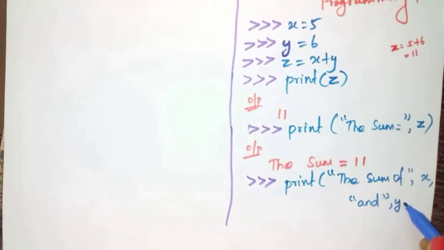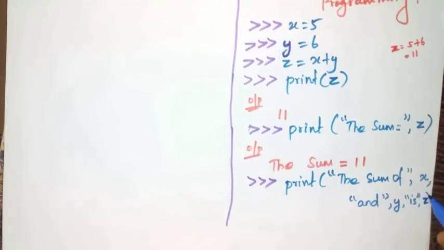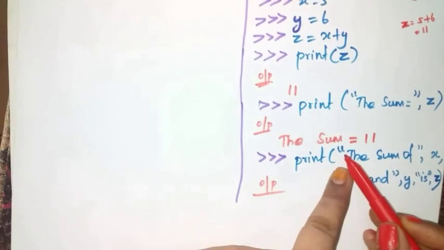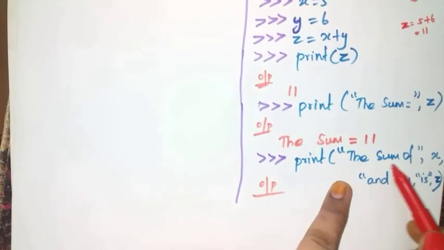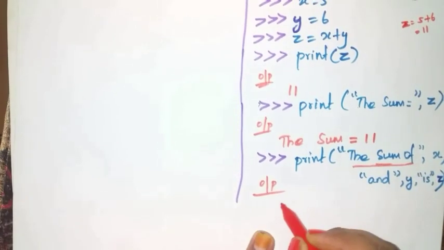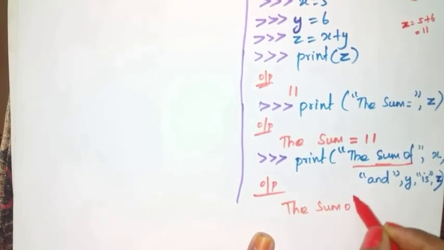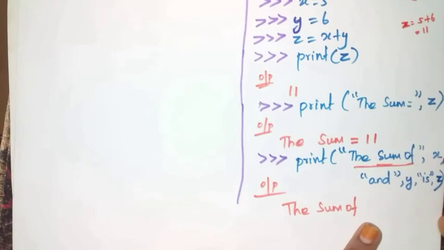This y is without double quotes, and again within double quotes is, and then z without double quotes. So what will be the output of this code? See here, this is given within the double quotes. So the sum of, next x, no double quotes, so this is called a variable. Write the value of this x. What is the value of x? 5.